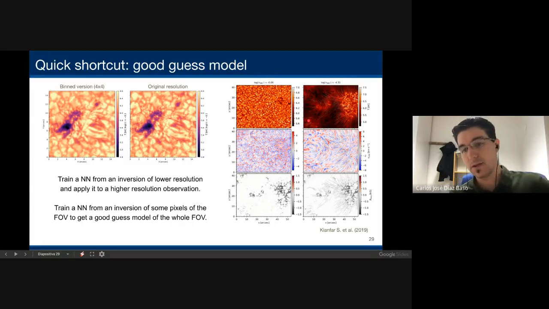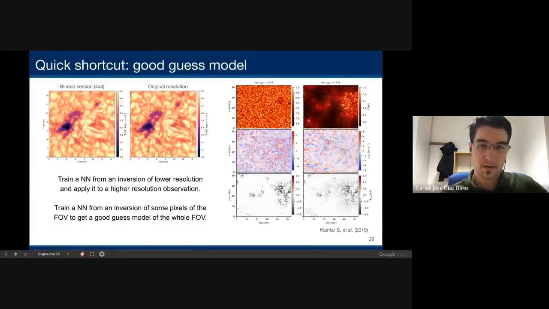So at the end you will analyze only a single example or sample, but with this quick shortcut, one can get a guess model for the whole field of view and then do the inversion of the whole field of view in just a few iterations and do statistics later of the whole field of view, and well, in this case about the thermodynamical properties of the fibrils.